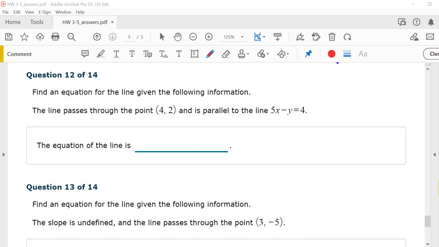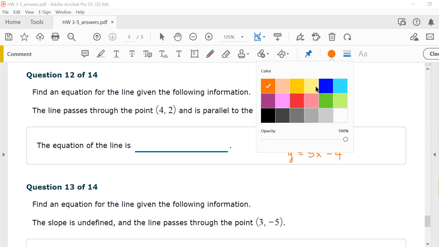Number 12, the line passes through the point 4, 2, and it's parallel to this line. Again, I need to put that in y equals mx plus b form. I get negative y equals negative 5x plus 4. Dividing everything by negative 1, I get y equals 5x minus 4.